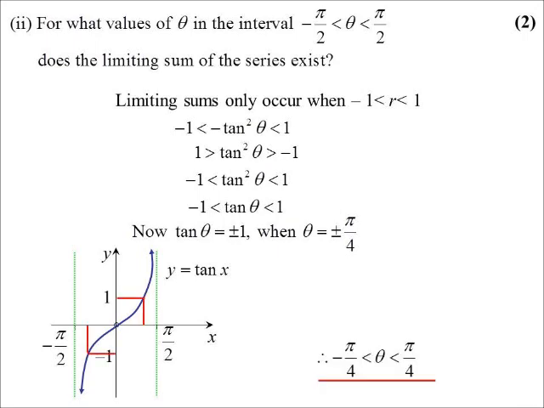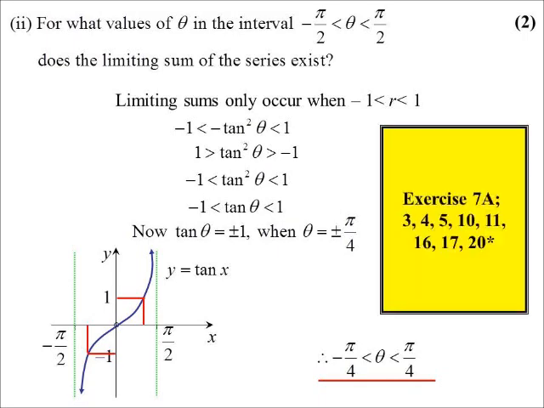Oh, look, it curves back out. Oh, look. No, it doesn't. It's your imagination, okay? So I know those x values, which of course are minus pi on 4 and pi on 4. So the limiting sum will only exist if theta is in between minus 45 and 45 degrees. What a nasty question for theta. Alrighty. So I just picked a handful of questions. That's in the second book, I think, by the way.